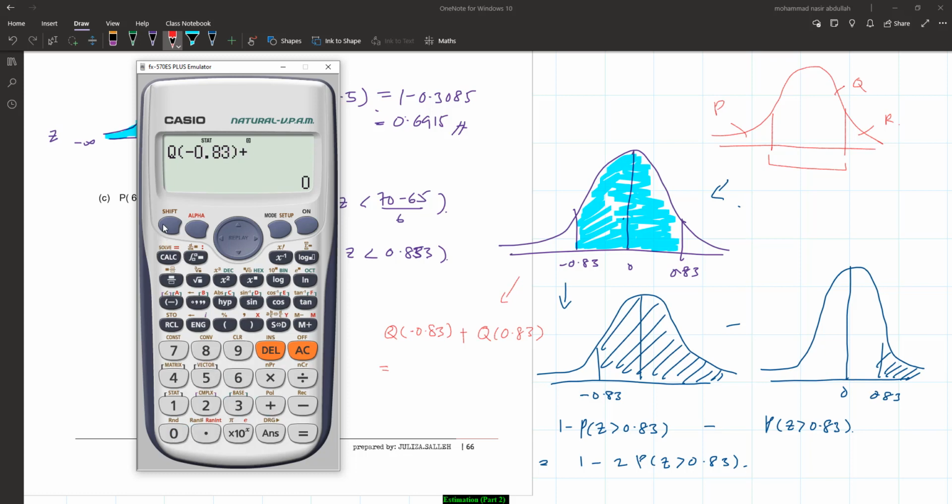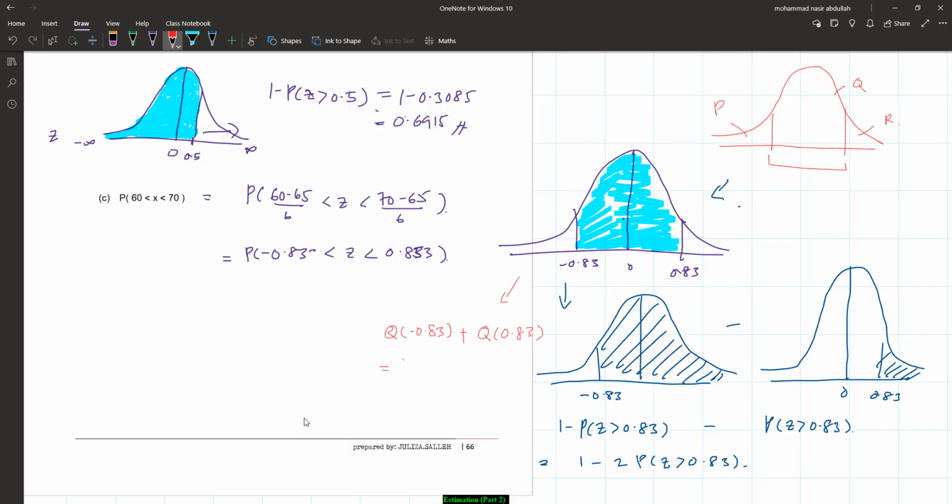Plus the same thing, P to 0.83. So you will get 0.5935. So this is the result of the total area between negative 0.83 and 0.83.